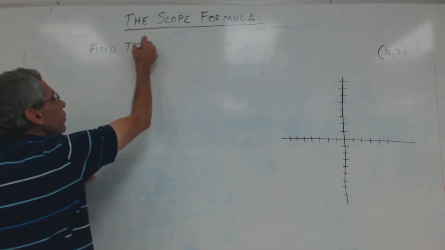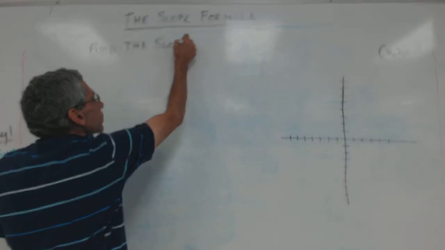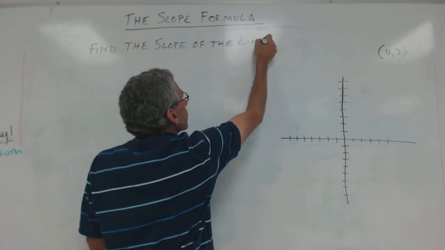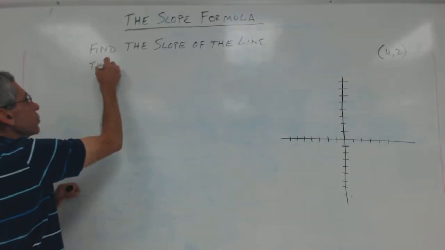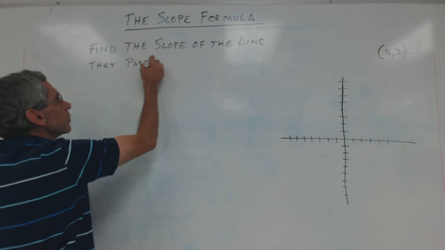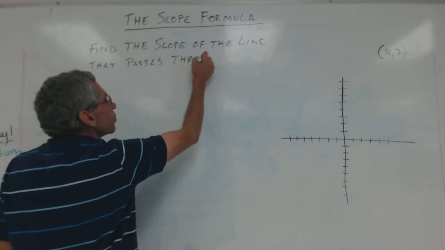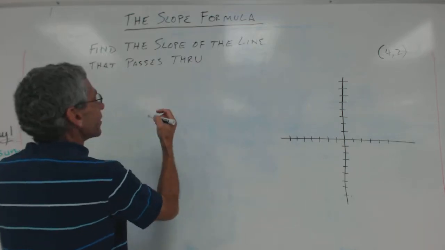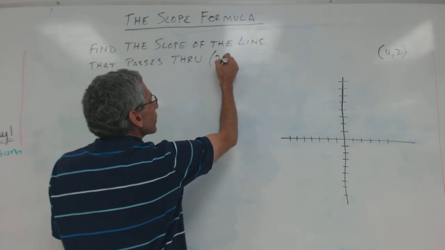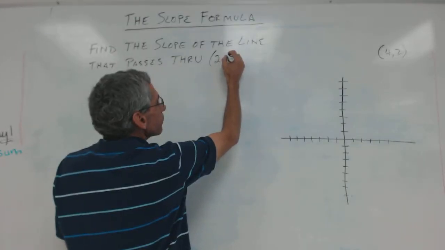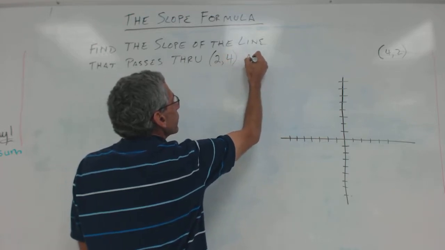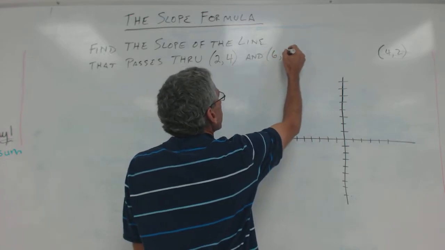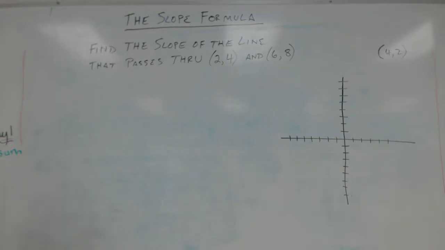Find the slope of the line that passes through 2, 4 and 6, 8. Do you need 2 coordinates to do the formula?